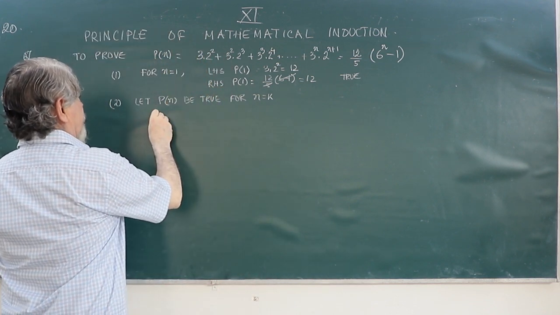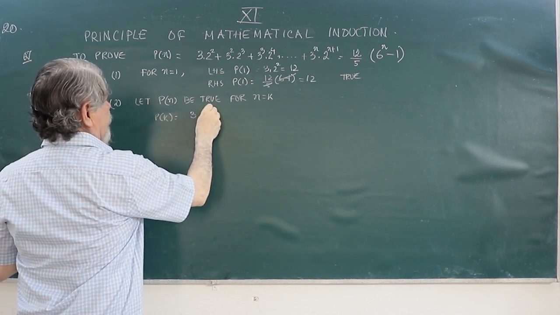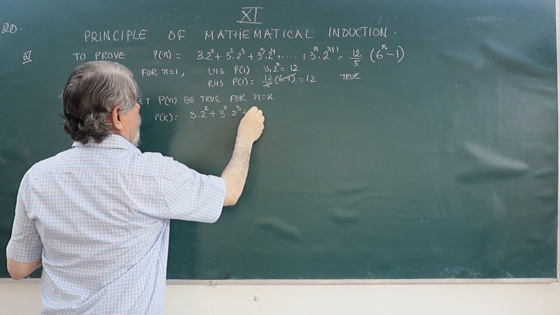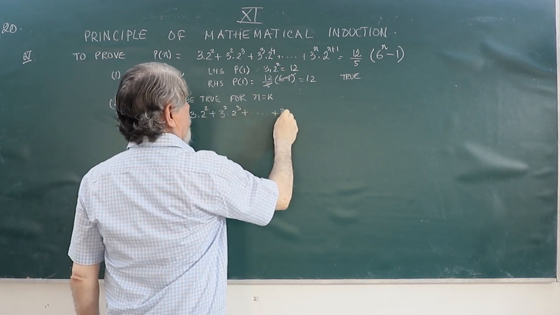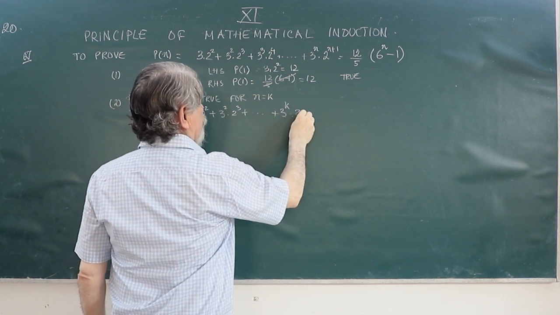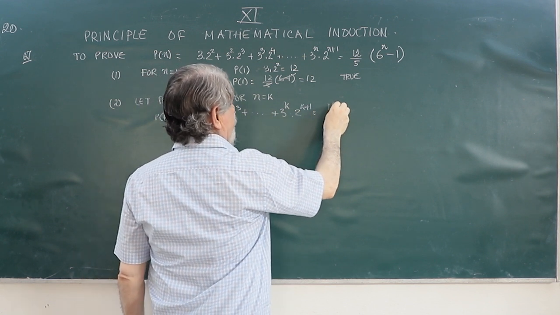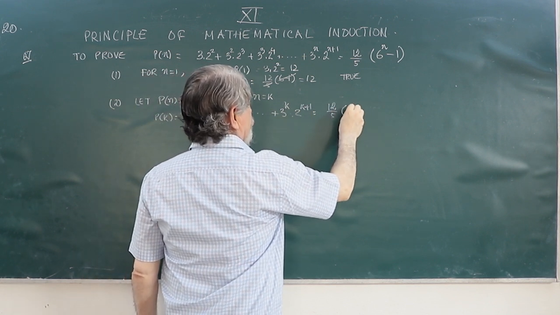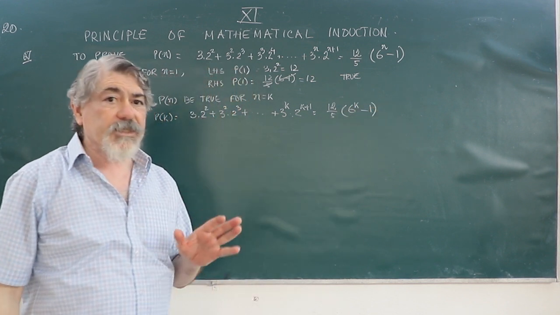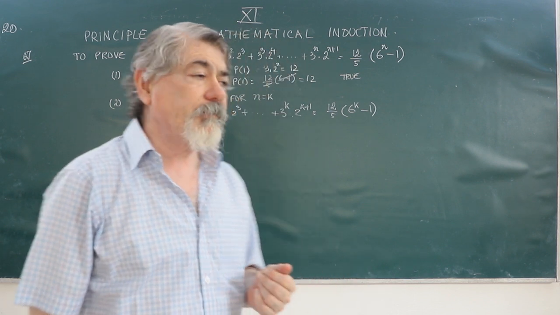So Pk will become 3 into 2 square plus 3 square 2 cube plus 3 to the power n. In place of n it is k, and 2 to the power k plus 1 will be equal to 12 upon 5, 6 to the power k minus 1. Now this assumption is going to be very important. We are going to use it in the next step.